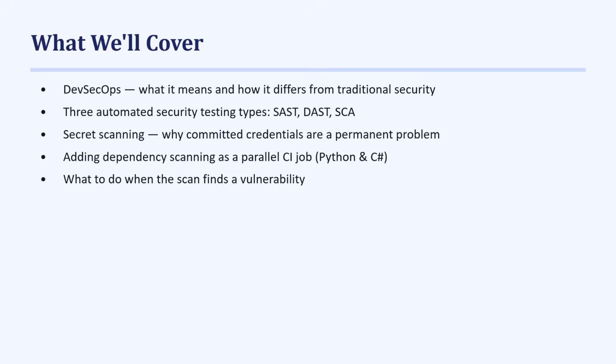So what we're going to talk about in this video is really what is DevSecOps, how it differs from treating security as a final checkpoint and baking it into the process.